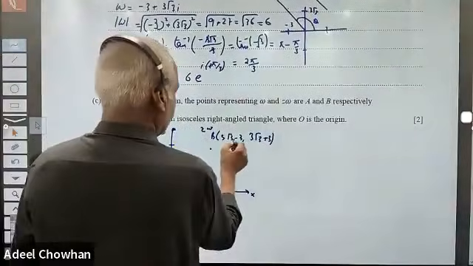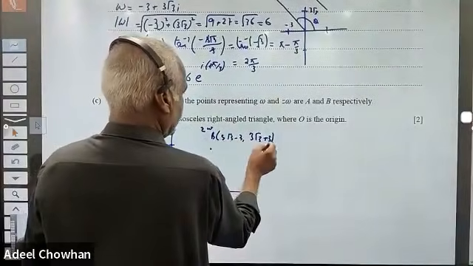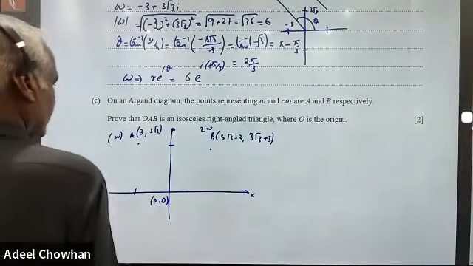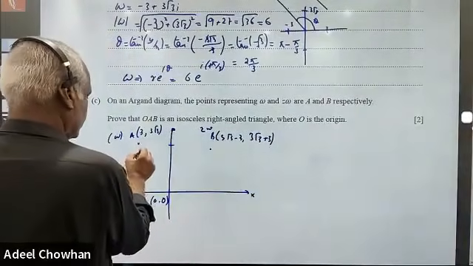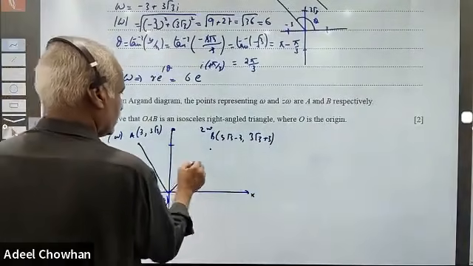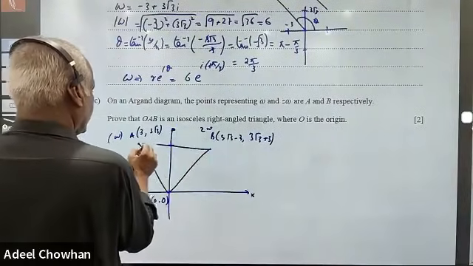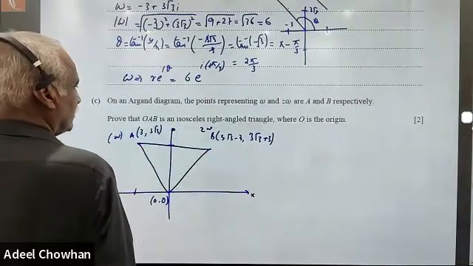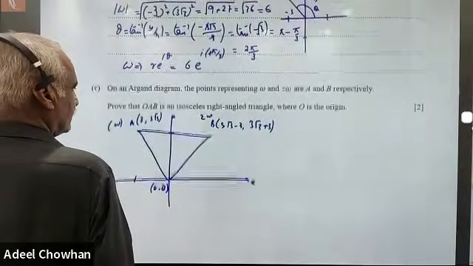This is minus 3 plus 3 root 3 and 3 root 3 plus 3. So that is B there. And we have to show that OAB is an isosceles right angle triangle there.